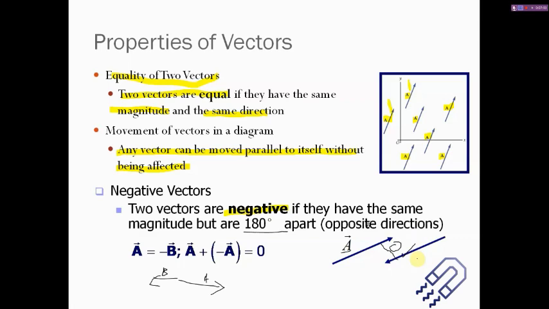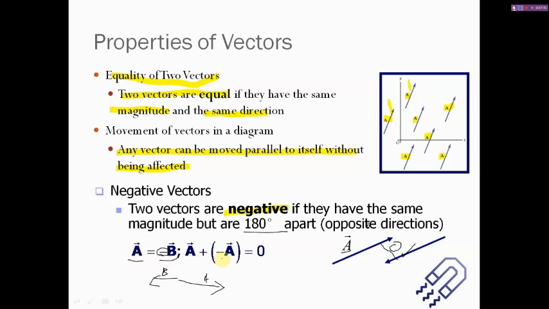If you look at this in terms of magnitude, you see that A and B are equal in length, right? But they are opposite to each other, that's why there is a minus sign. So in general we can say that A is equal to minus B, or we can take A plus minus A. That means the resultant vector will become 0.